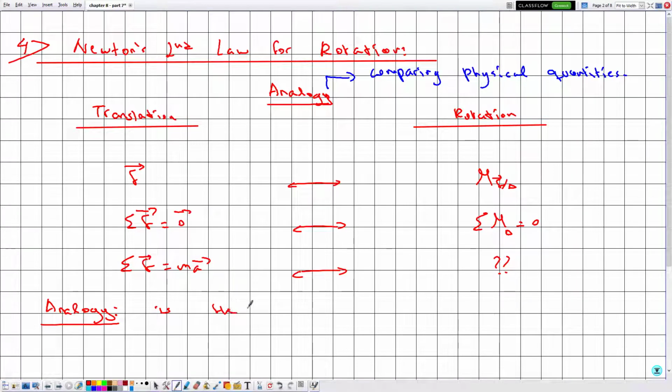It is the comparison between physical quantities which yields to a new conclusion.